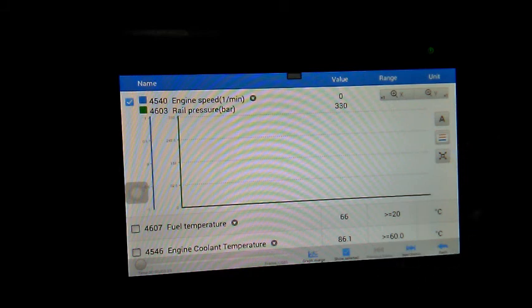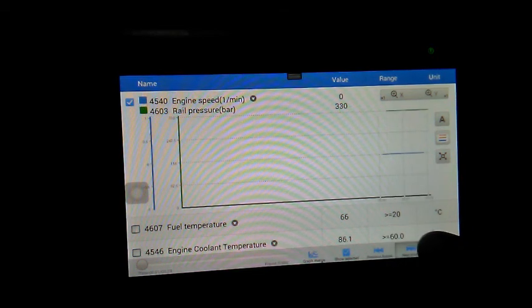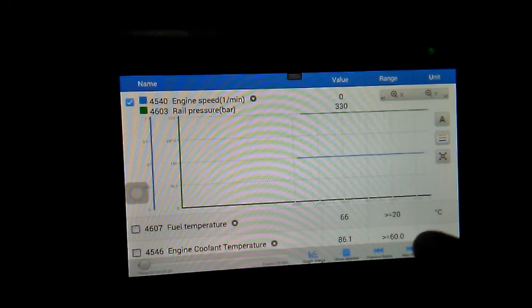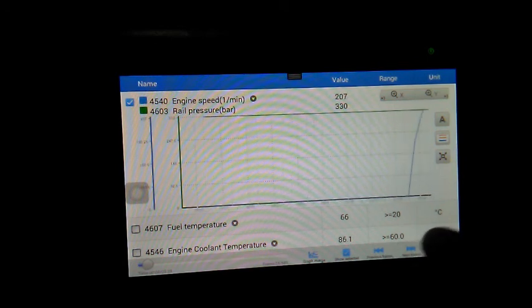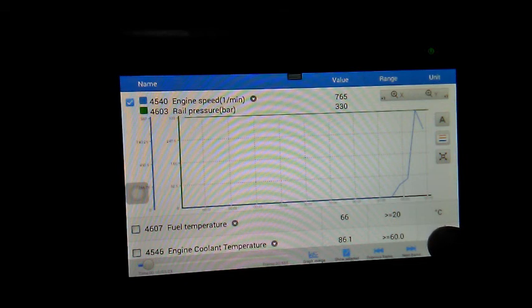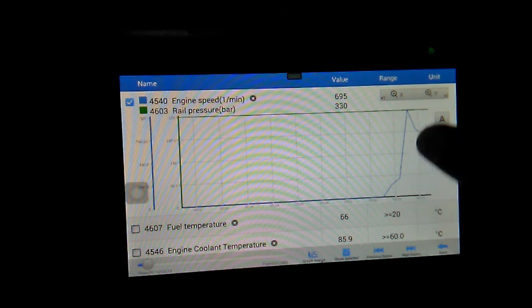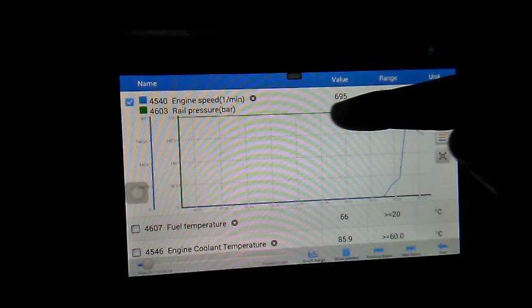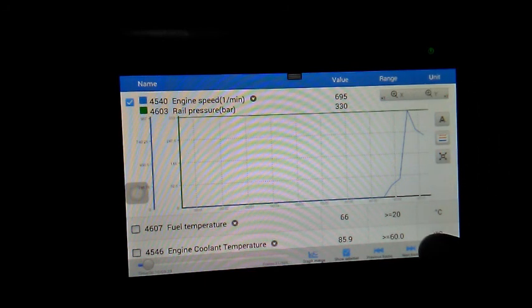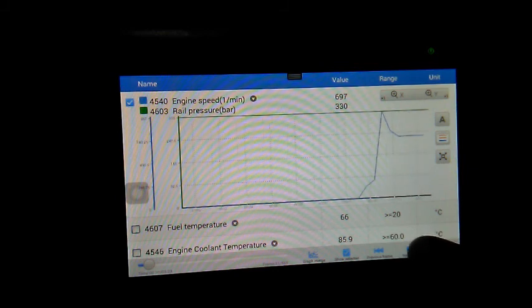I cranked the vehicle. Let's move through the frames. That is just the beginning of the cranking. You can see the RPM has gone up, but the rail pressure didn't budge a little bit.